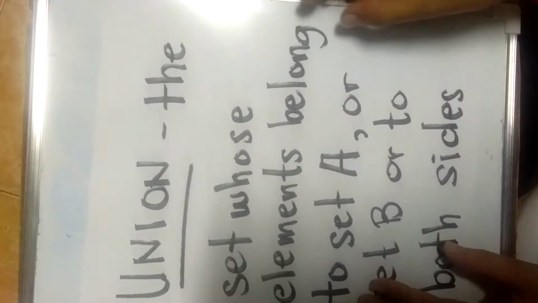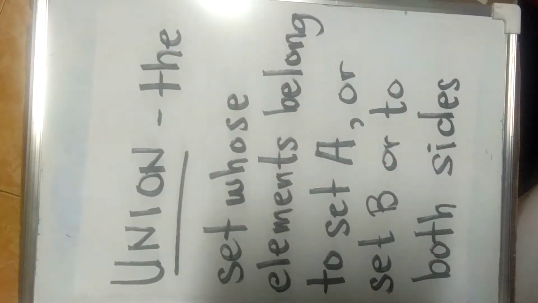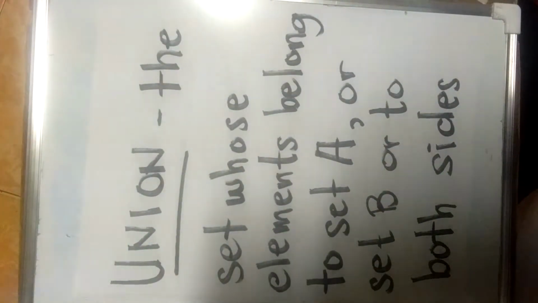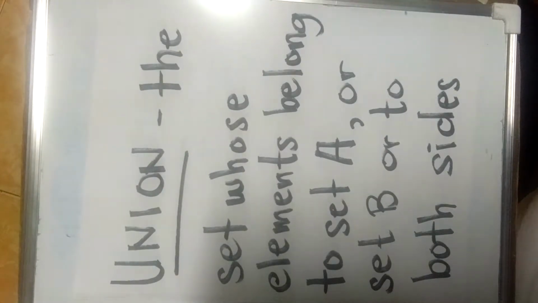So we will be discussing the union of two sets. What is union? The union of two sets, for instance sets A and B, is the set whose elements belong to set A or to set B or to both.